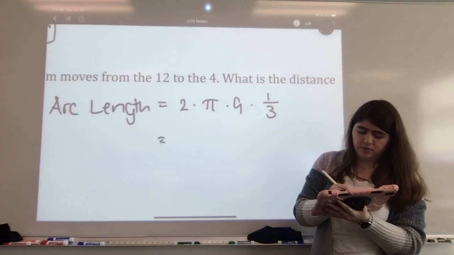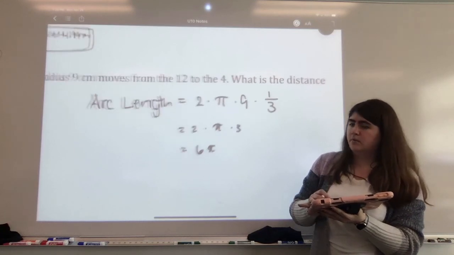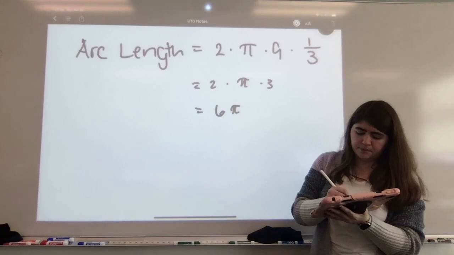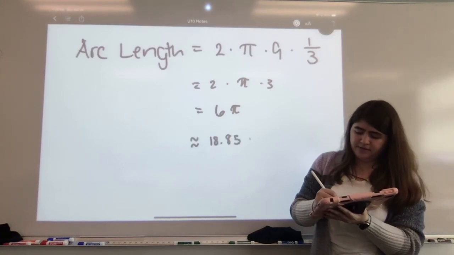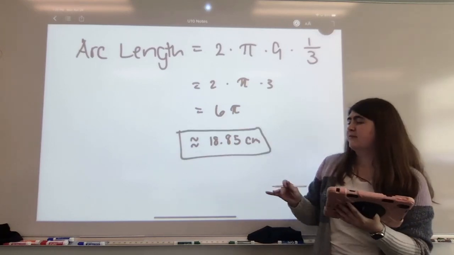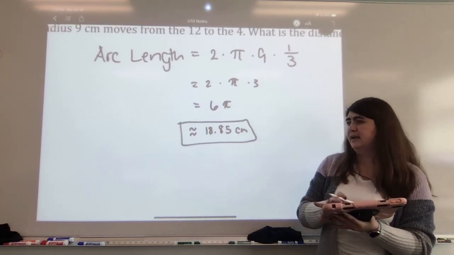So I have 2 times pi times 3, or in other words, I have 6 pi. When I multiply 6 times pi, that gives me approximately 18.85 centimeters. So that means that the distance traveled by the tip of the minute hand is about 18.85 centimeters.